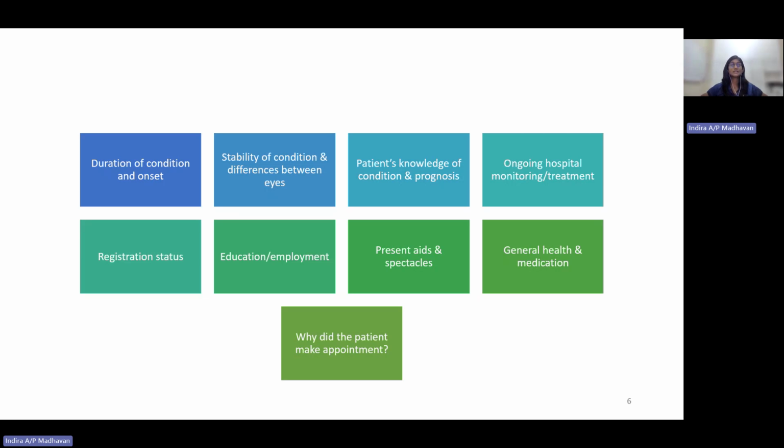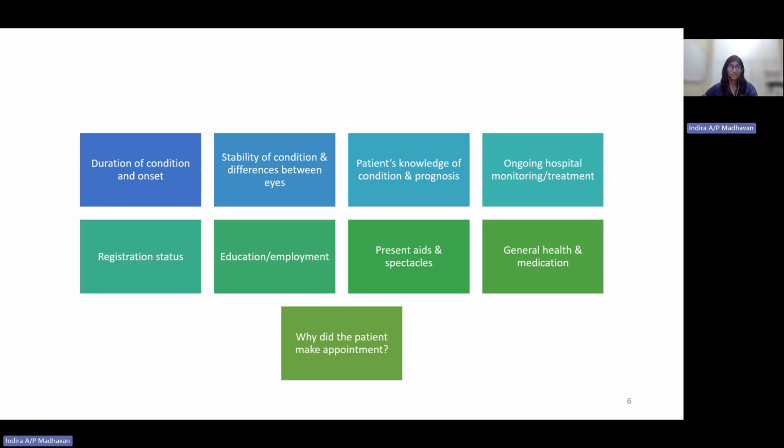If the magnification is not enough for the magnifier provided, maybe we can give them additional spectacles and see whether that helps them to still use the device. Because certain magnifiers and telescopes are not cheap. They are very expensive, so the patient might not be able to afford to buy them again. So making this kind of adjustment while still using the existing aids will be very good for the patient.